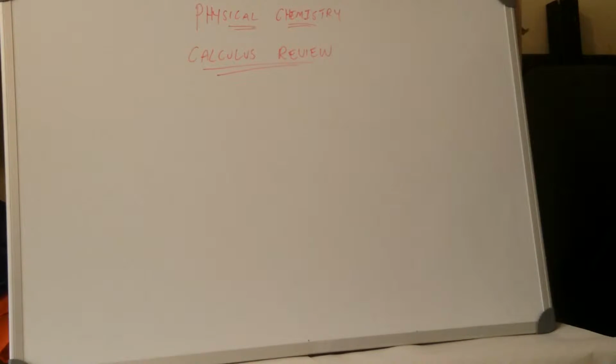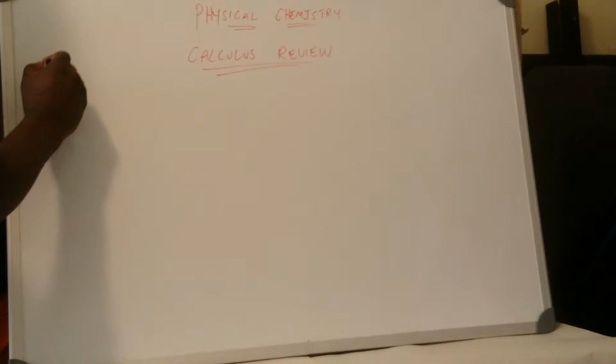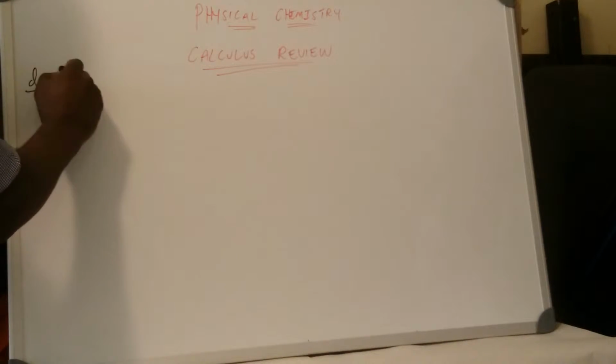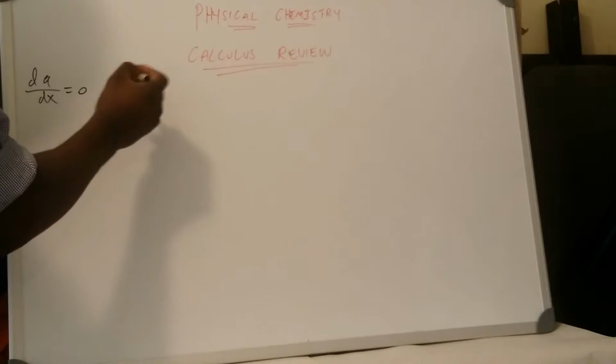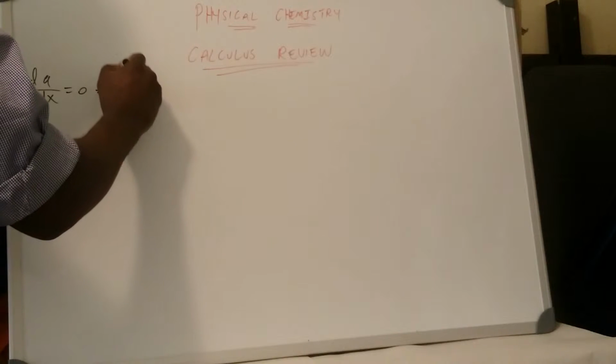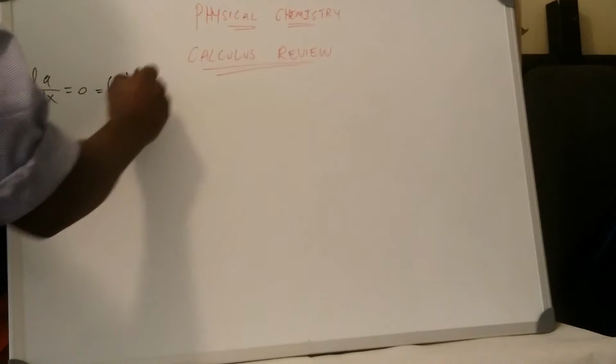So we shall begin physical chemistry with a calculus review. Example: the d/dx of a constant is equal to 0. That is, a prime is equal to 0.